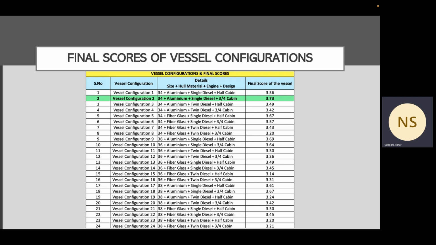With this formula and the scoring that we have done, we arrived at the final vessel configuration: configuration 2, which is size 34 with aluminum hull material, a single diesel engine, and three-fourth cabin, having the highest score at 3.73. We have decided this to be the final vessel configuration for the project.